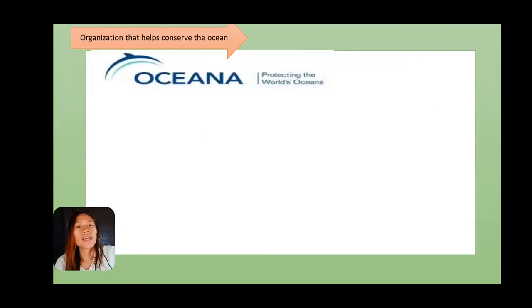So, next one is we have an organization that helps conserve the ocean. We will focus on Oceana, in which Oceana is all about protecting the world's oceans. Oceana is an international organization that focuses only on the ocean.